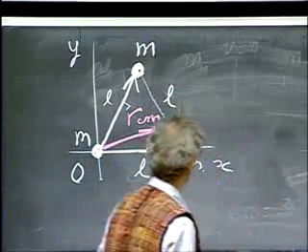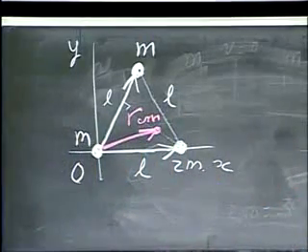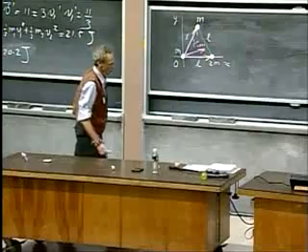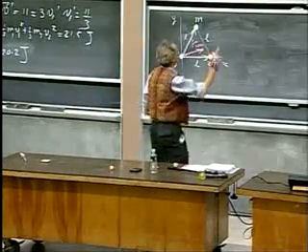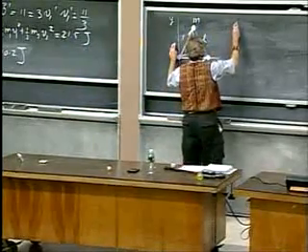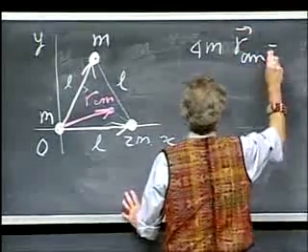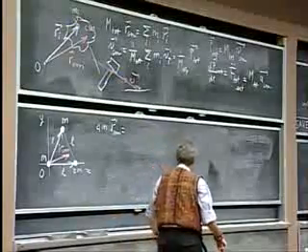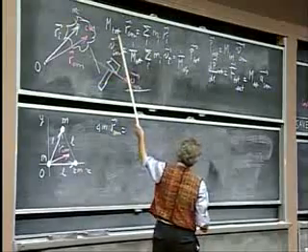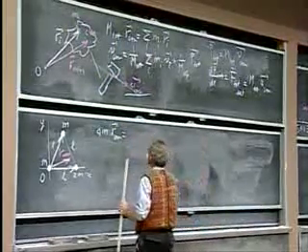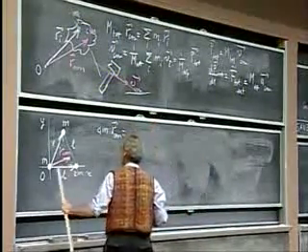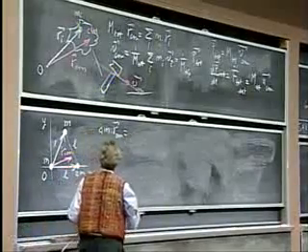And so now we can calculate the position of the center of mass as follows. We know that the total mass, which is 4m, times the position vector, r center of mass, that's my definition for a center of mass, equals the sum of the individual masses times their position vector.